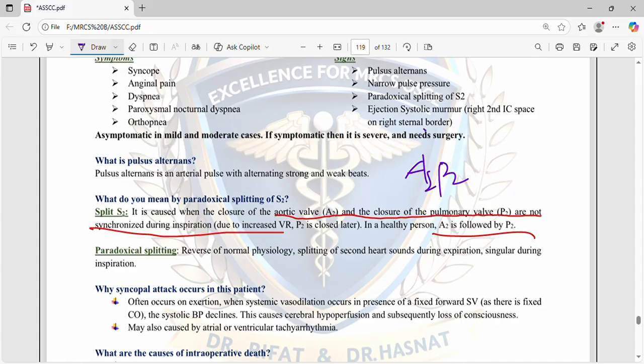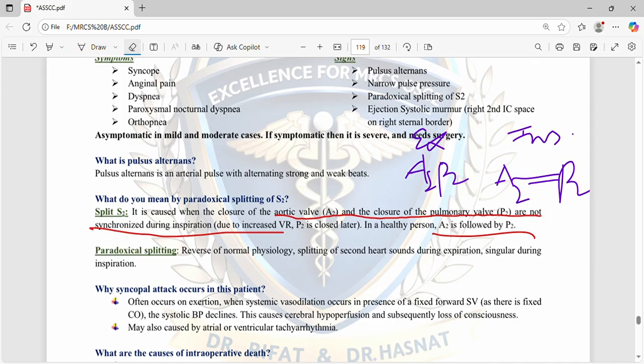So in expiration this will be like this, and in inspiration this will be A2 first and P2 later, where you will properly feel the gap. So this is normal splitting.